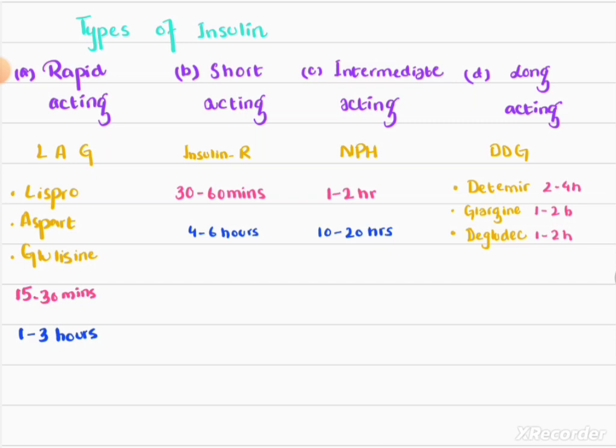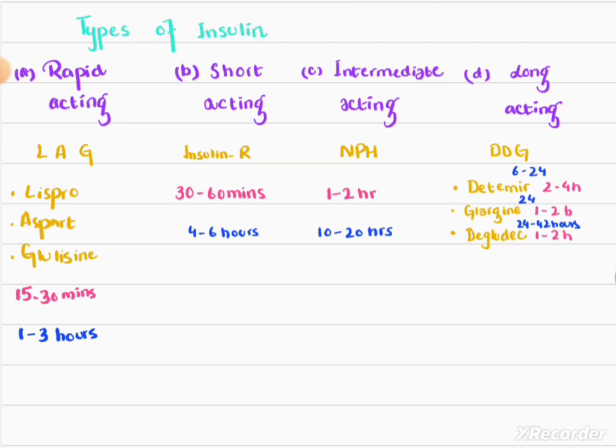And the long acting vary in their action. The Detemir has a duration of 6 to 24 hours. The Glargine has a duration of action of 24 hours, and the Degludec is the longest acting among all the insulins, with a duration of action of 24 to 42 hours.